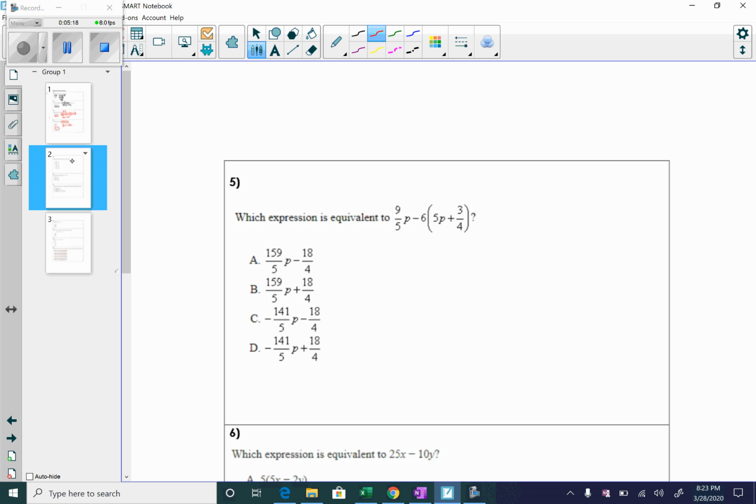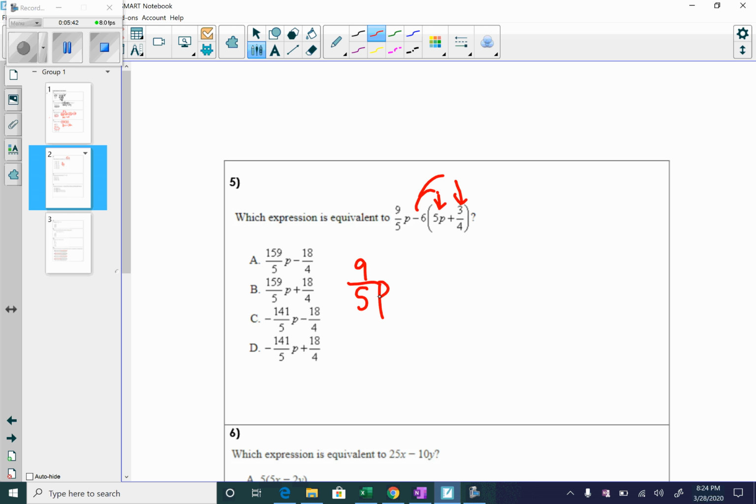You're going to see something like number 5 in the Castle Learning, and I don't want you to get afraid or upset because there's fractions. You have a calculator, so you need to use it. And you need to use scrap paper. You can't try to do this in your head. So I'm going to distribute that -6 first. So that's going to give me 9/5 p.